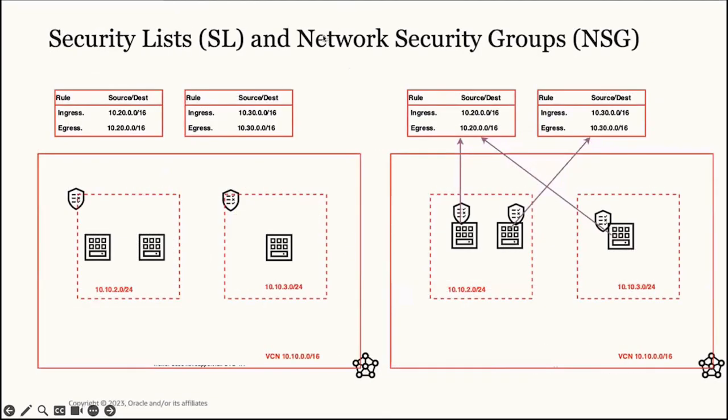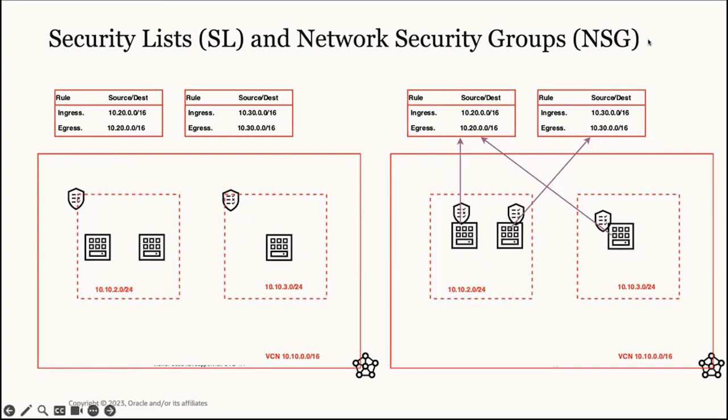Here we have an example of security lists and network security groups. So we see here on the left that this security list is attached to the subnet, and it's going to have rules for these two boxes and any other instances that are spun up in the future. On the other hand, you can think of a network security group almost like a stamp.